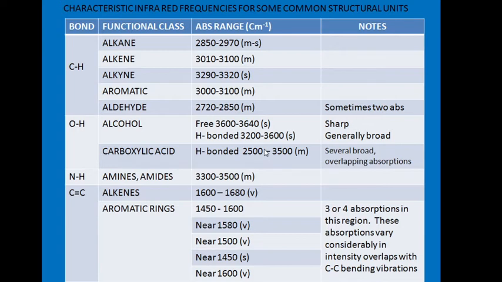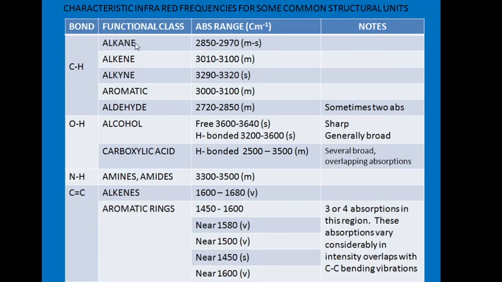As the bond goes on, when you have a restricted rotation of the bond due to formation of either a double bond or a triple bond, the value of absorption decreases. When you have alkenes, it becomes 1600 to 1680.